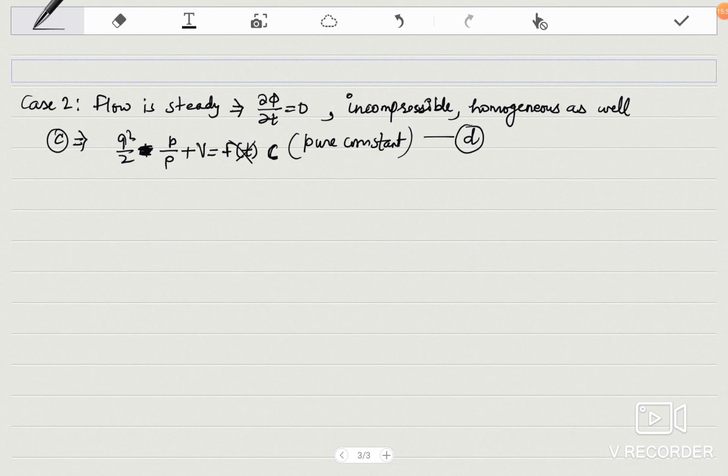Now we come to Bernoulli's theorem. It was Bernoulli's equation derived with the help of Euler equation of motion. Now we find what is Bernoulli's theorem.